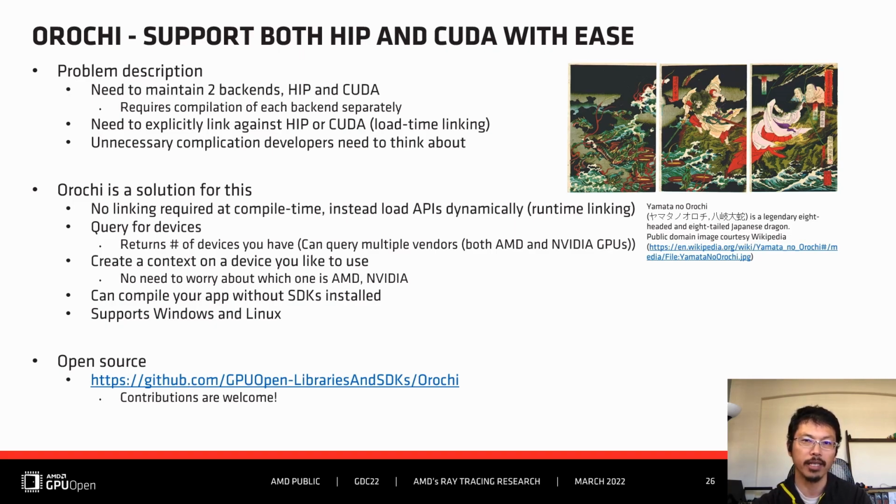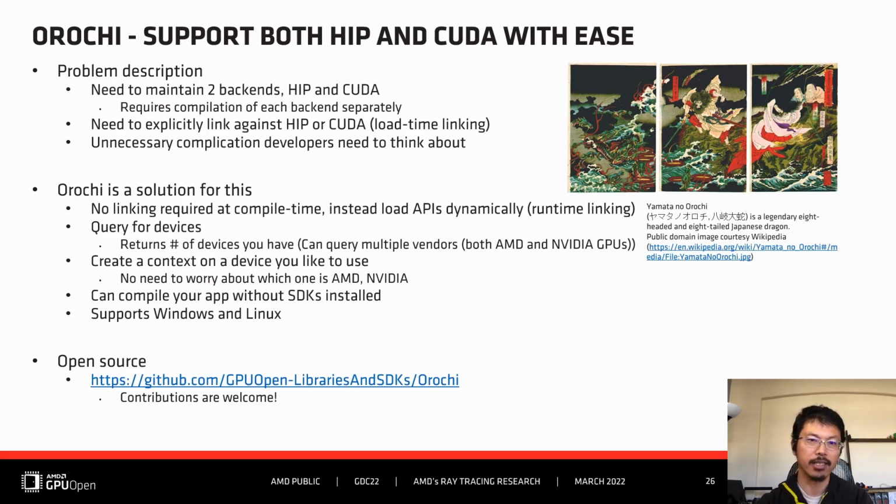Therefore, we implemented this Orochi library to make it easier. With this Orochi library, we only need to maintain a single source code and can switch backend at runtime anytime if we need. Orochi loads DLLs at runtime, so no linking to any specific libraries is required at compile time.